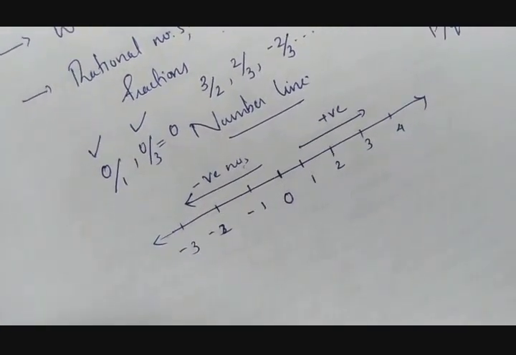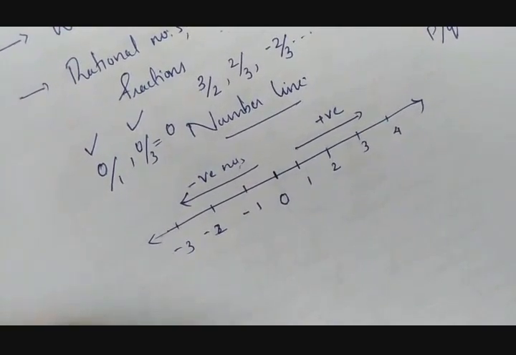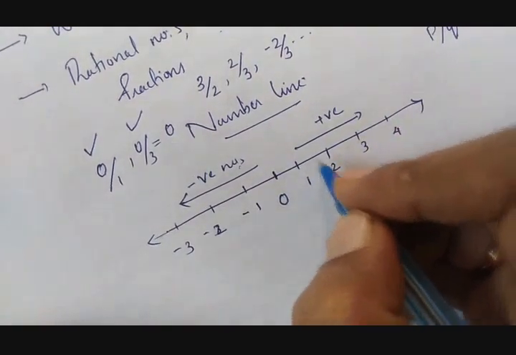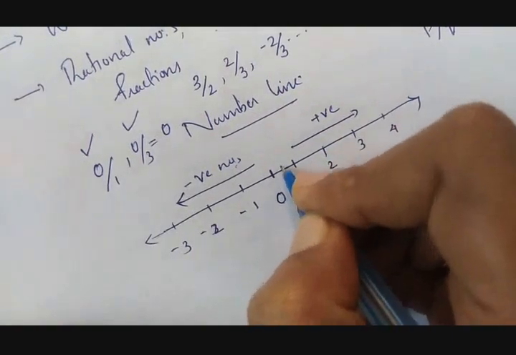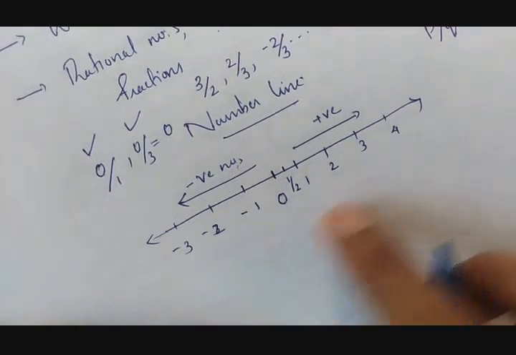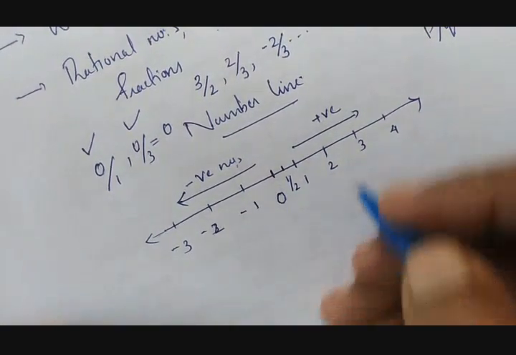We can represent rational numbers on the number line. If we have to represent 1 by 2, 1 by 2 means 0.5. Here it is 1 by 2. In this method, fractions or rational numbers are represented.